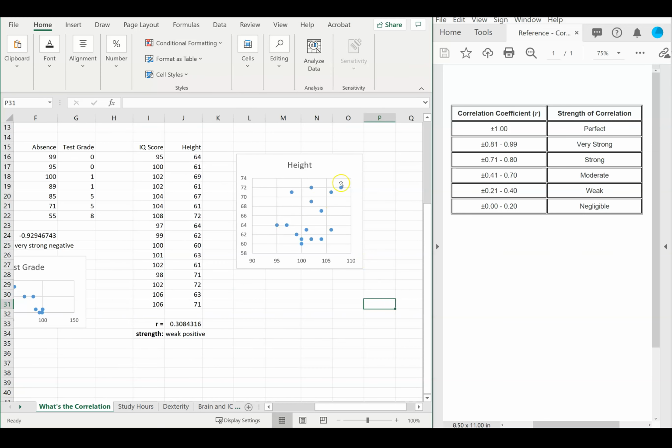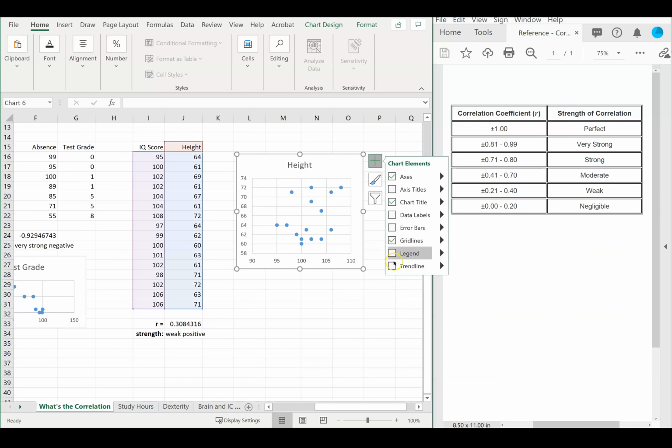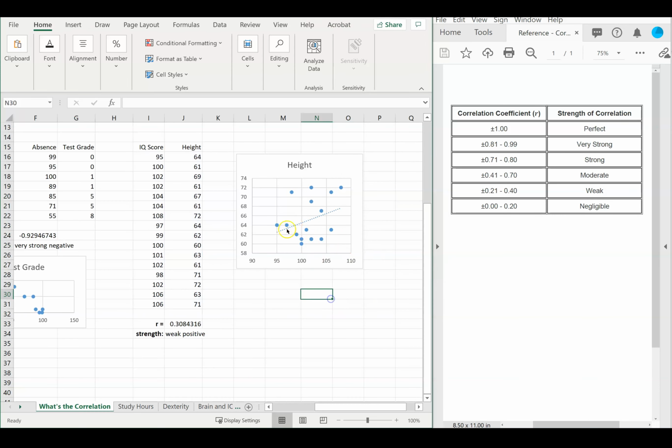There's a general trend that they're increasing together, but it's a pretty weak one. And if you just click on trend line, you can see Excel tries to match it, but they're so far away from that line that it would be hard to make that argument that they're related. Like, you'd have to really dig into the data and convince someone that they're related.